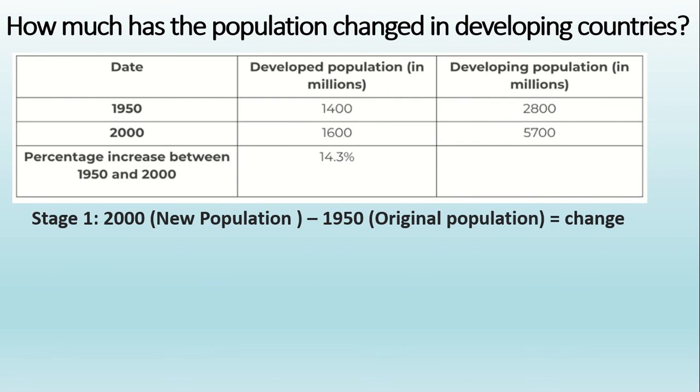So what we need to do is get our new population in 2000, which is 5,700, and minus it from our original population, which is 2,800, to work out the population change. So can you do that now with your calculator?